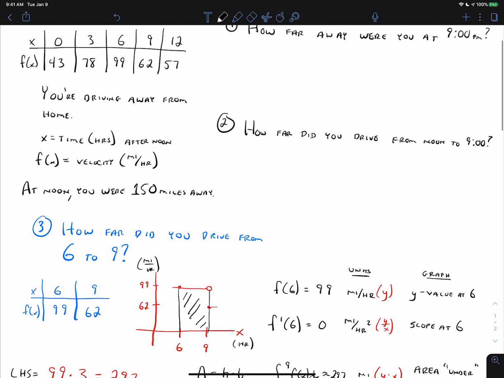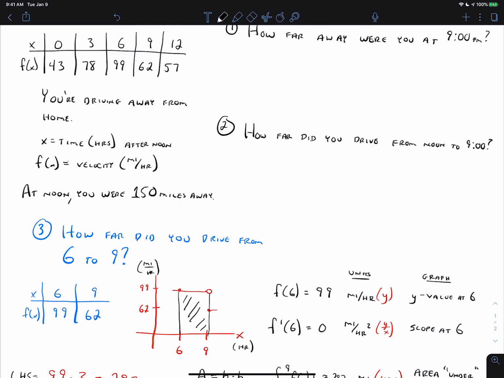So if you go back and look at problem 2, how far did you drive from noon to 9? What we would want to calculate is the integral from 0 to 9 of f of x dx, which is approximately equal to the left-hand sum.